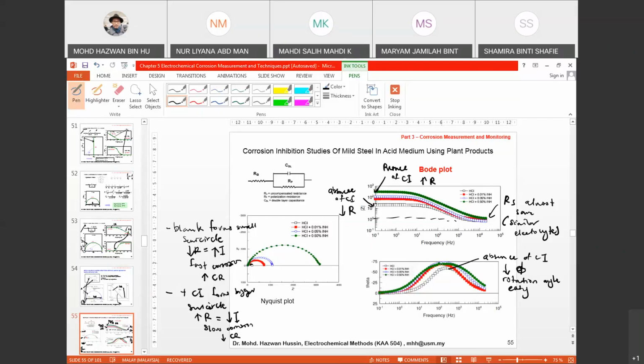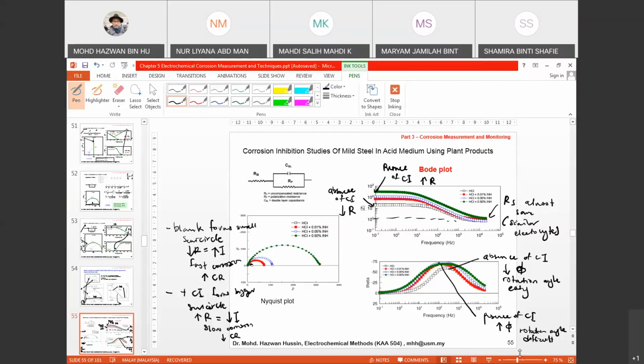Meanwhile, when you add the inhibitors, you can observe that the theta value or the phi value is bigger. This means that the rotation is slightly difficult, and it will produce a bigger value.